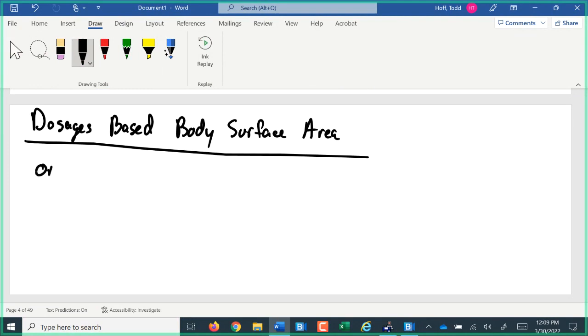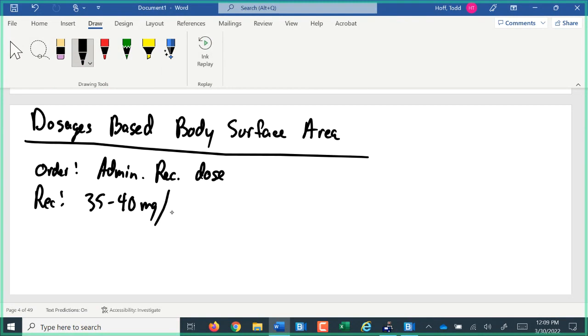Again, we're looking at an order, administer the recommended dose. The recommended dose might be 35 to 40 milligrams per, now it's not going to be per kilogram anymore because we're not going based off of weight, it's per meter squared.